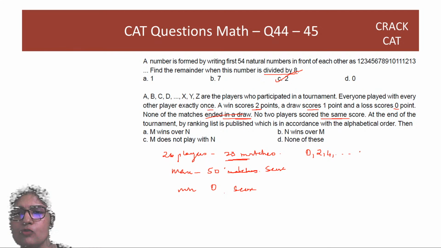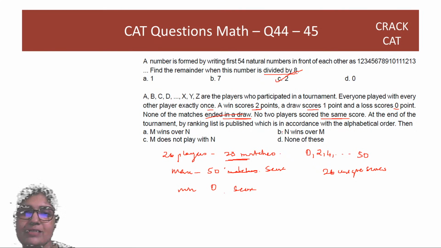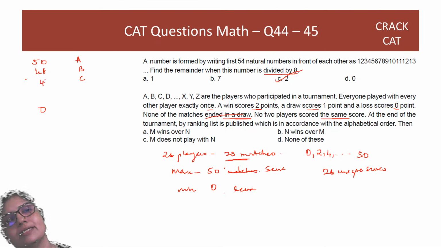So 0, 2, 4, up to 50, I anyway have 26 unique scores only. That means the player who has the highest score must have got 50 and the lowest is 0. Now when you make the ranking list, it is the same as the alphabetical list. That means A got 50 points, B got 48, C got 46 and Z got 0.